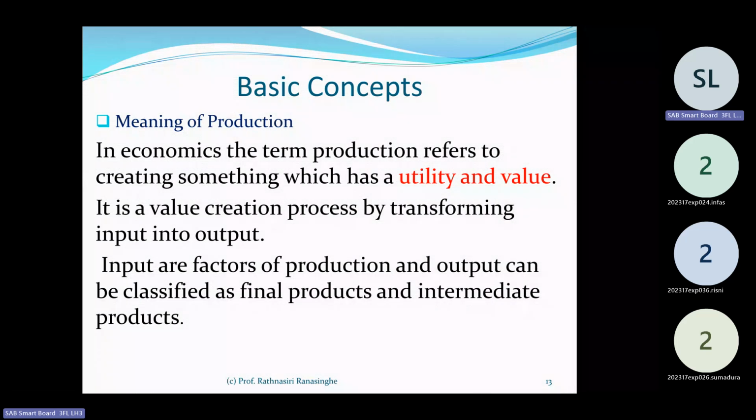That we call an intermediate product, or intermediate production. If we take fertilizer, petroleum, it's an intermediate production, even though it's an output of one industry. So everything is the transforming process, input into output, right?